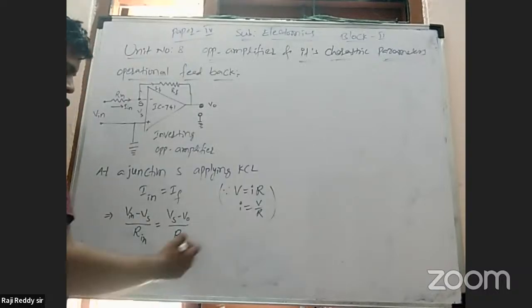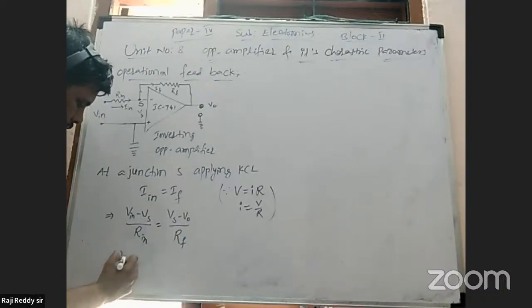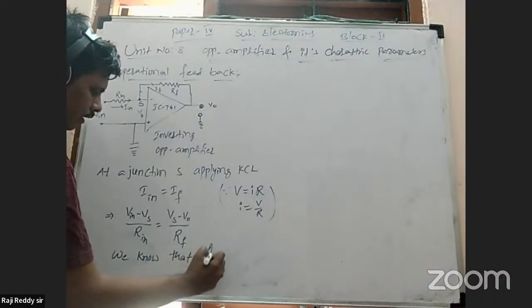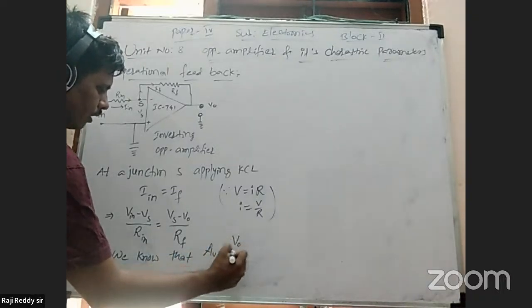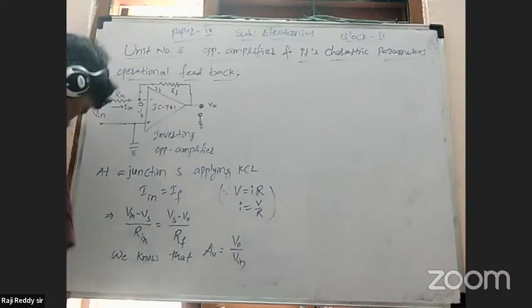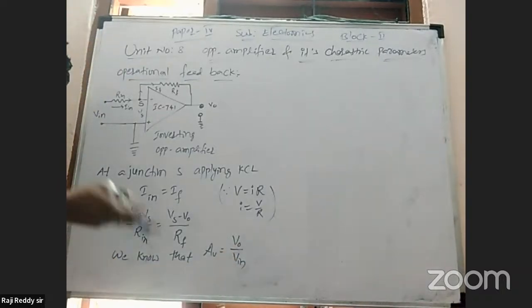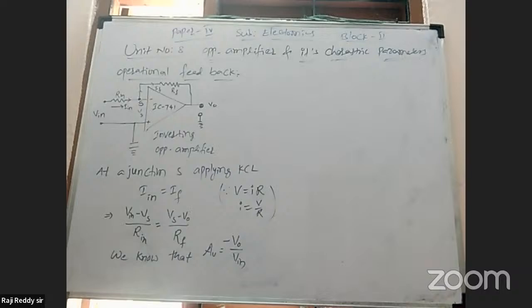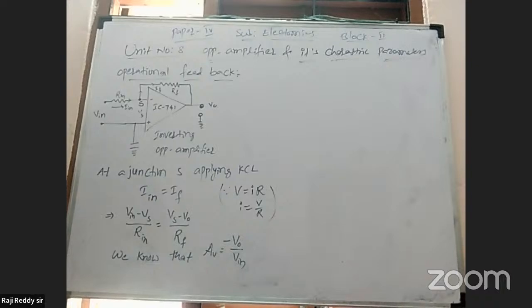We know the voltage gain AV equals output voltage by input voltage. If you consider negative feedback, then we get a minus sign: AV equals minus V naught by V in. Now you can eliminate either V naught or Vs, and take the equation in terms of V out and V in.